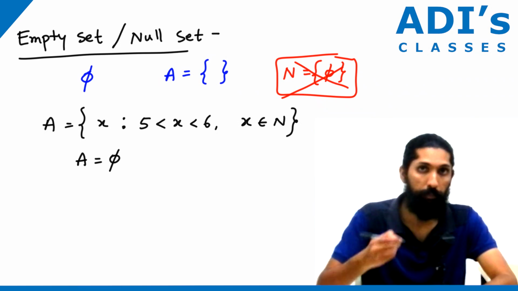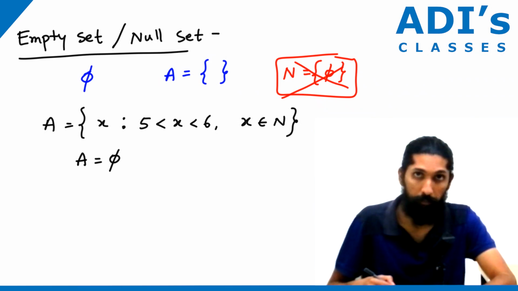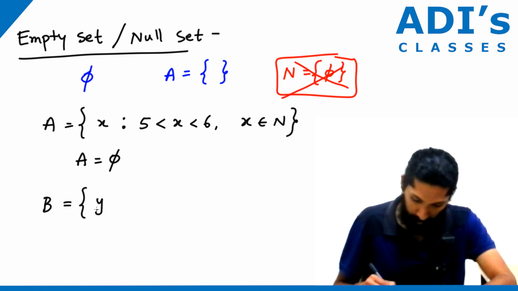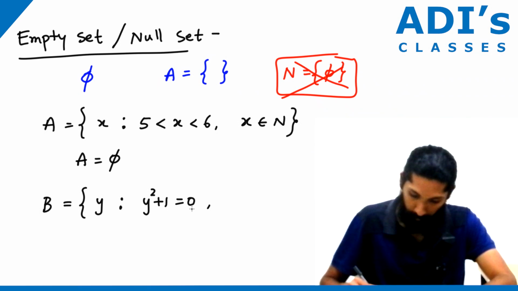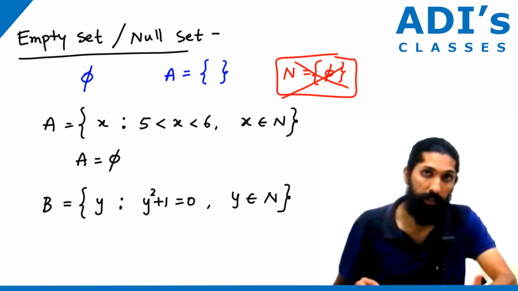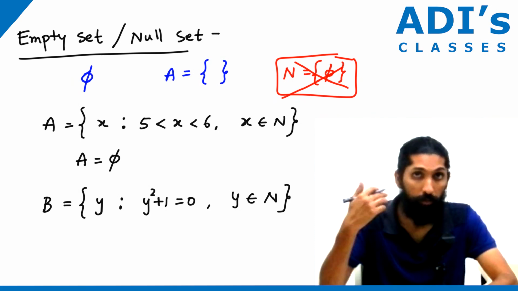One more example. Suppose I write B is equal to the set of Y such that Y squared plus 1 is equal to 0, where Y belongs to natural numbers. Is it possible? No, right? Because Y squared is equal to -1.